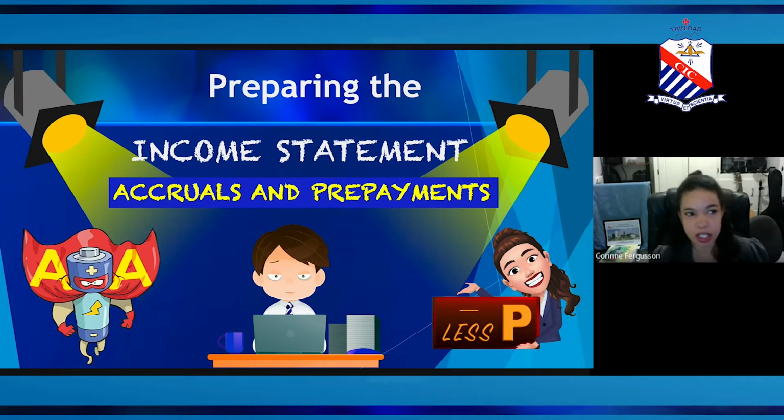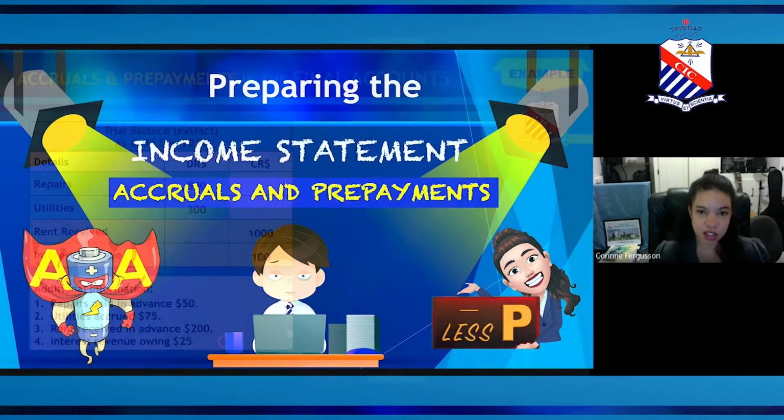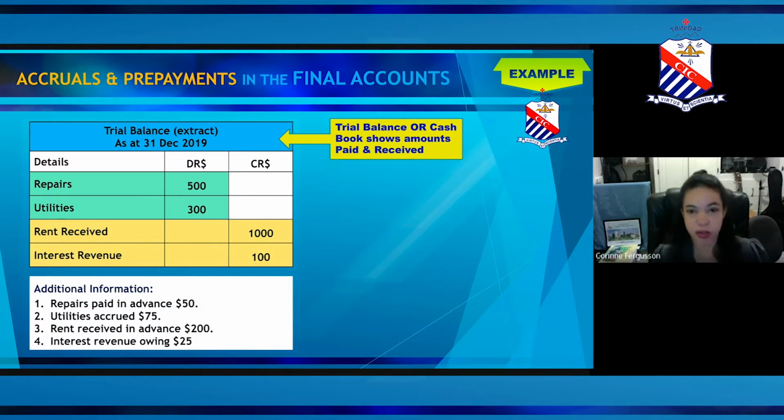You should have learned, just as a little reminder, that the trial balance we do in Form 4 and 5 is different from the one in Form 6. That's an adjusted one, where they will give you the prepayment and accrual.